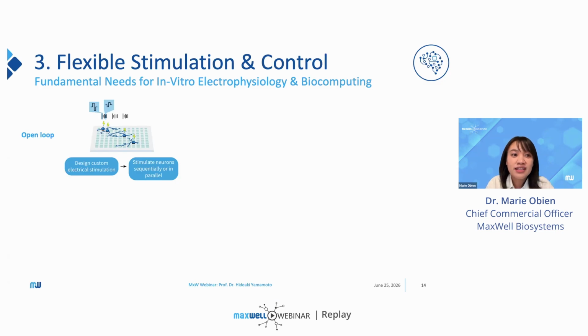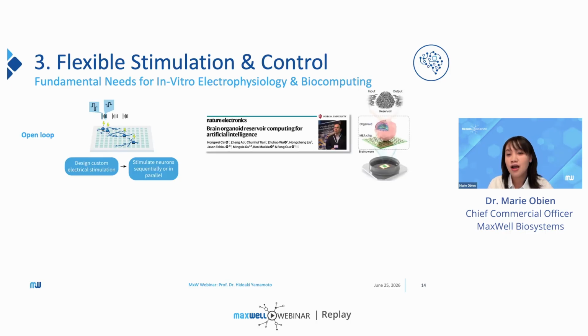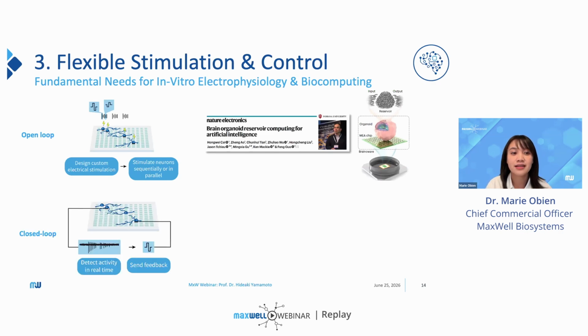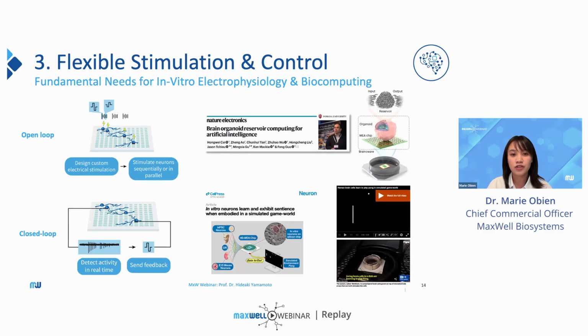Okay, the third one is flexible stimulation and control. Here, of course, we know that there are two ways to be able to do biocomputing. One is an open loop approach, wherein you can use the organoid or the cell as a reservoir. And the next one is by having some feedback loop with a closed loop approach, which is also used by Kagan et al. in their Pong paper.